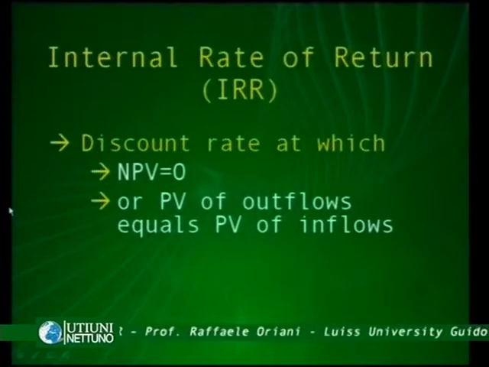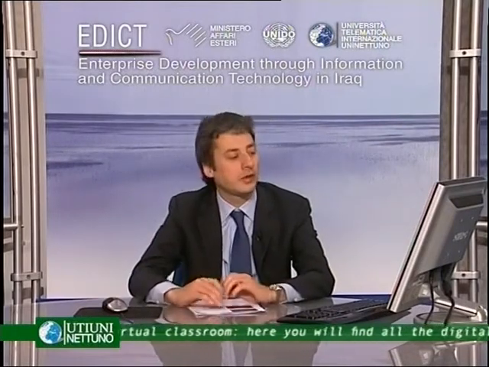So in particular, we can see the IRR is an indicator that has two meanings. The first one is a formal meaning, because from a formal point of view, it is the discount rate at which the NPV is equal to 0. So in order to calculate it, as we'll see, you have to set the NPV equal to 0 by changing the discount rate, and the IRR will be exactly that discount rate that will make the NPV equal to 0.